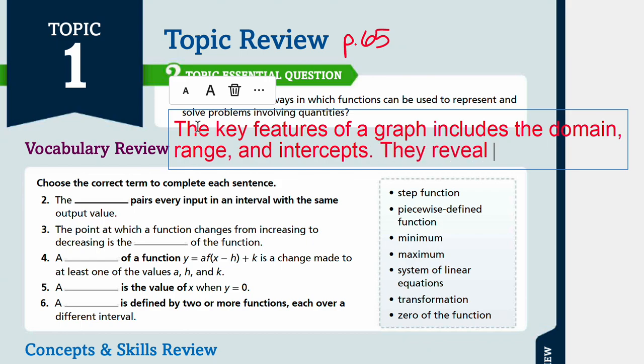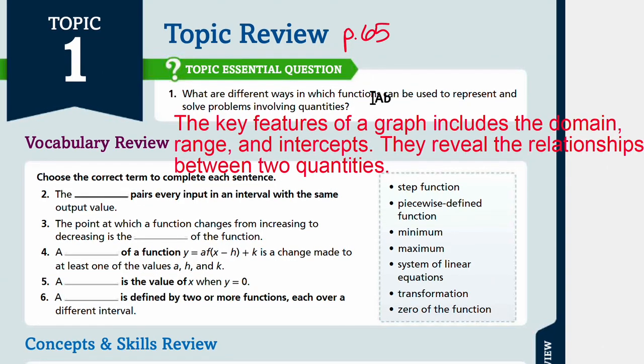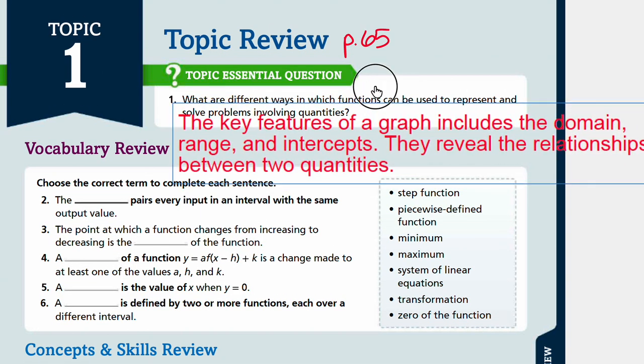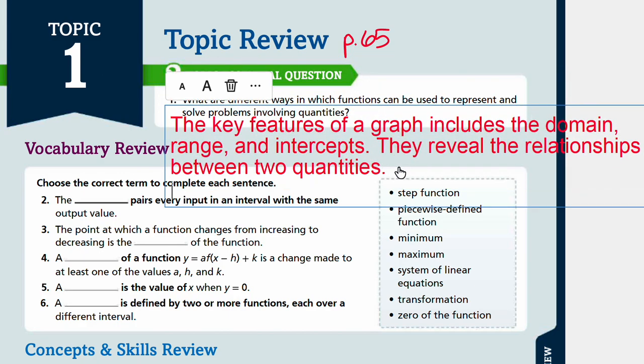They reveal the relationships between two quantities. Okay, so this was one thing that we talked about, that we learned. This is not the end. This is just the beginning of what we learned, right?